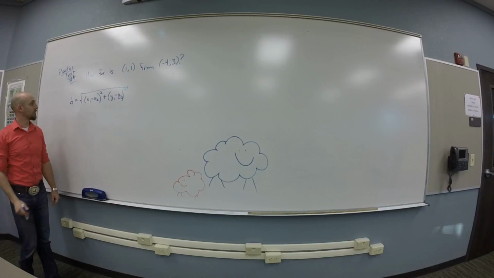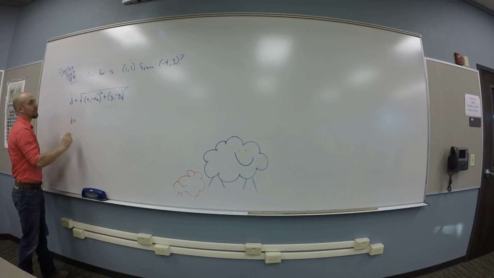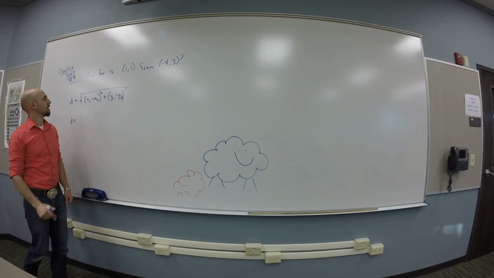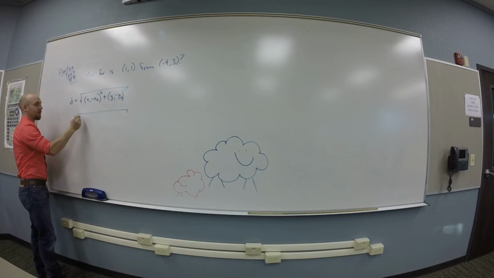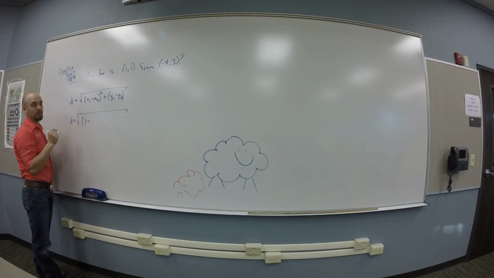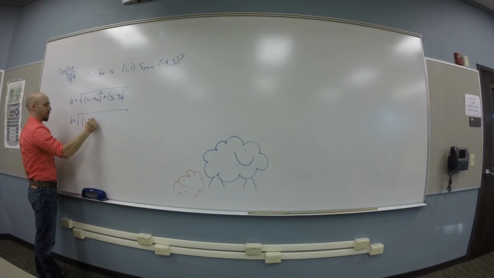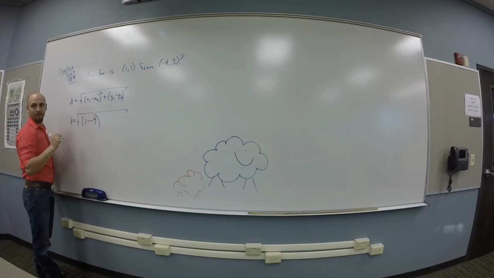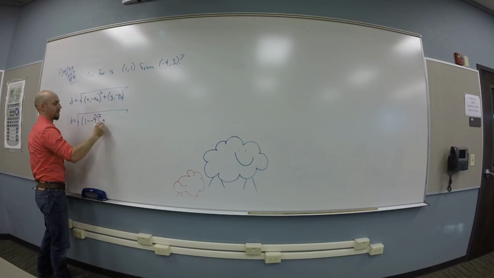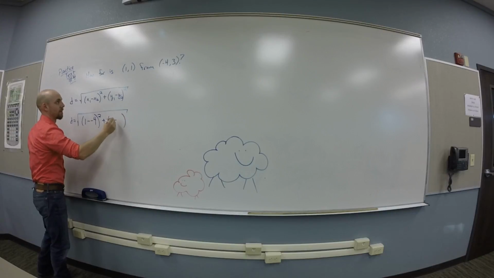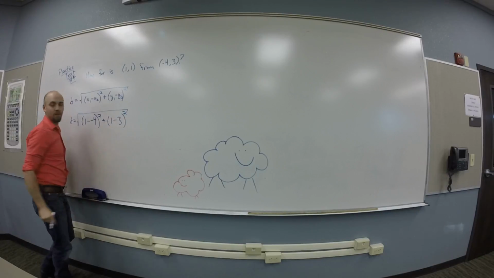Okay, if I'm going to do this, then distance is the square root of (1 minus -4) squared plus (1 minus 3) squared.